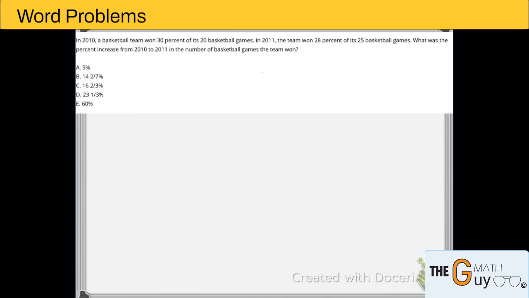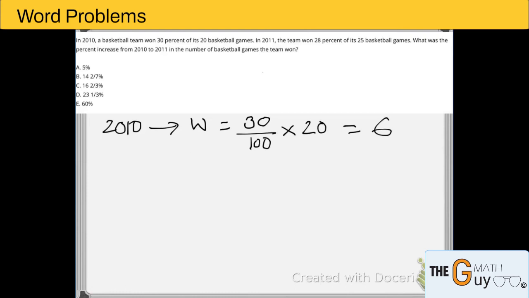Let's take a look at the earlier problem. In 2010, a basketball team won 30% of its 20 basketball games. How do you calculate the wins? 30% of 20 is 6, so they lost 14.